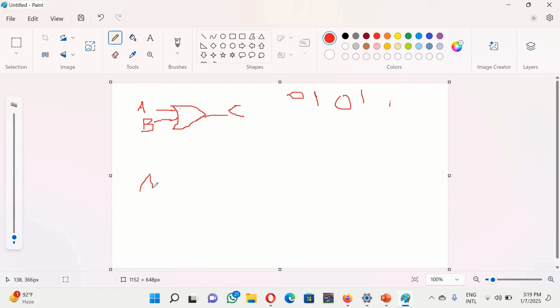So we would have our A here. Here will be input, and this big line coming here will tell us the output C. Then we would have the second input B. Most people say input and output, but this is the same thing.